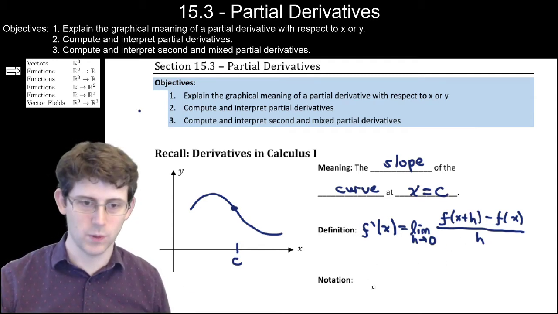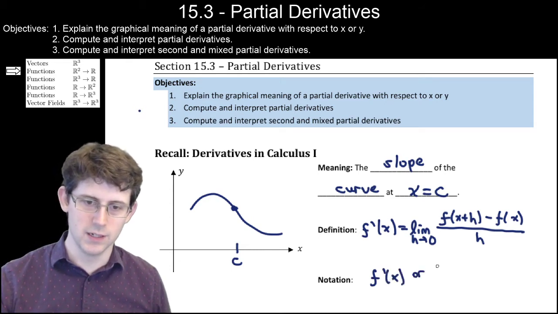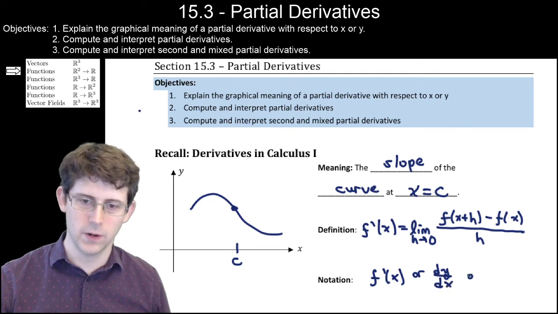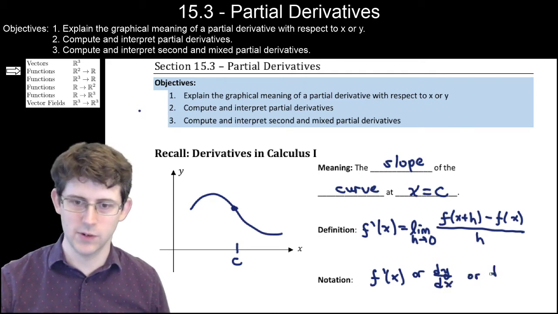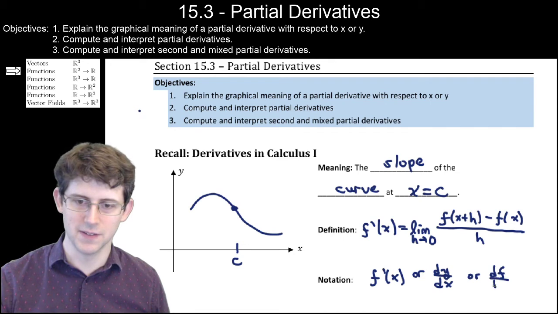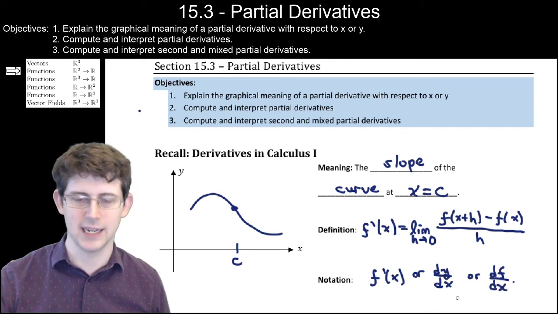The notation was f prime of x or dy dx, or you could write df dx for the derivative of the function with respect to x.